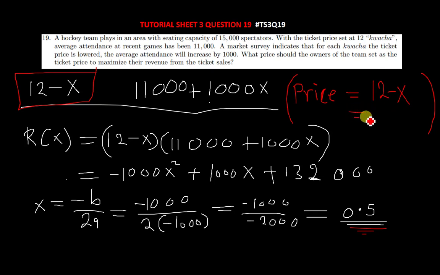So it will just be 12 minus 0.5, which will give you 11.5 kwacha. So we're using the currency which is kwacha there. Don't mind my handwriting there.